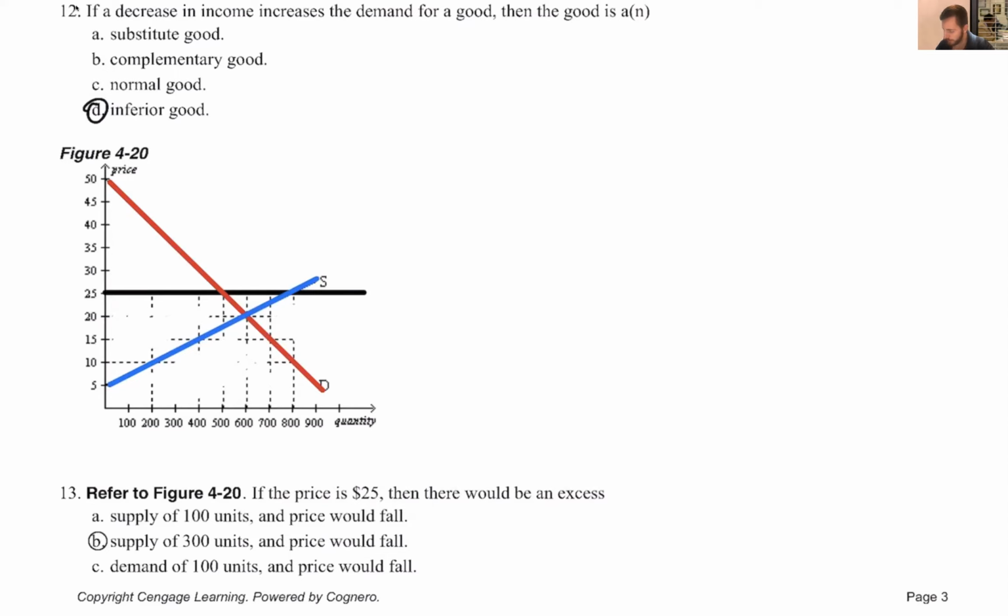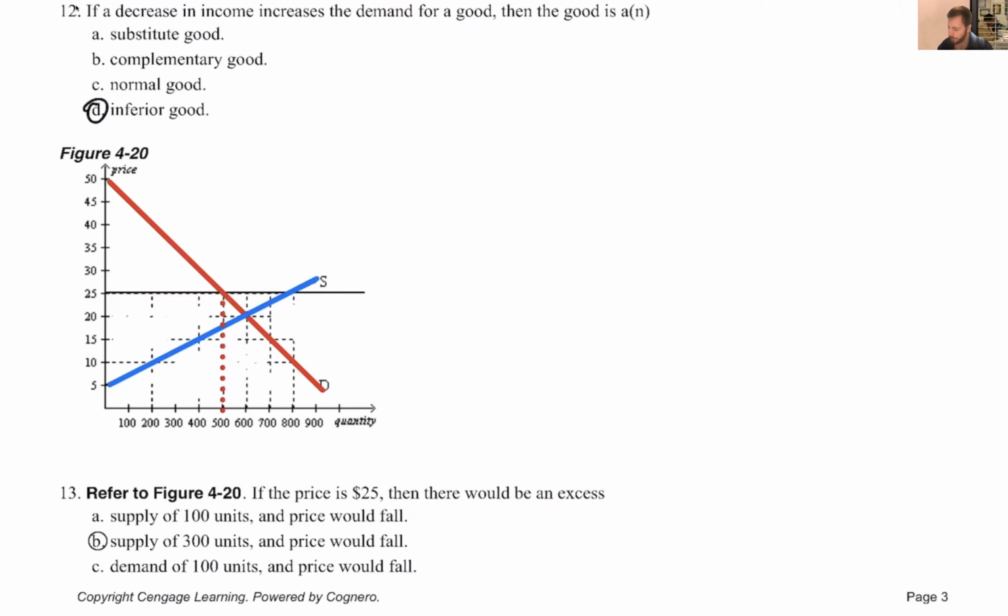Maybe make this thin. Then you look where the demand curve intersects this black price line at 25, and you go down, at the quantity of 500. This is the quantity demanded, because it refers to the demand curve; at this price the quantity is 500.